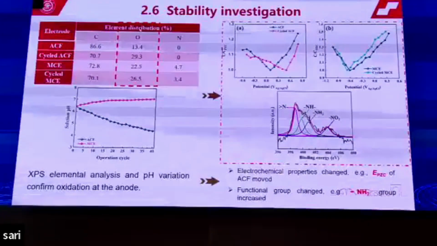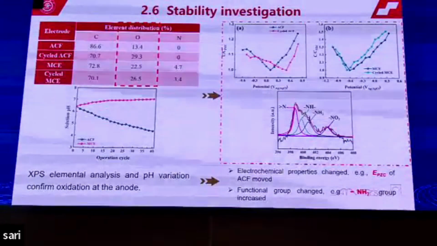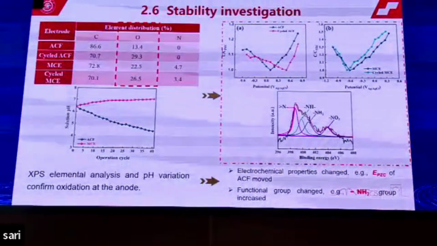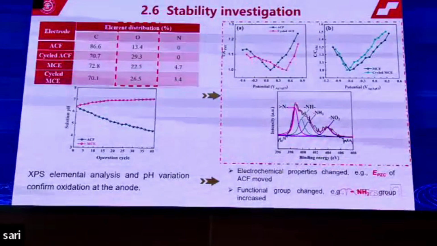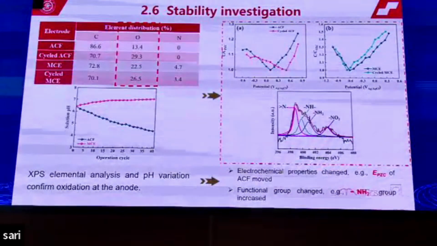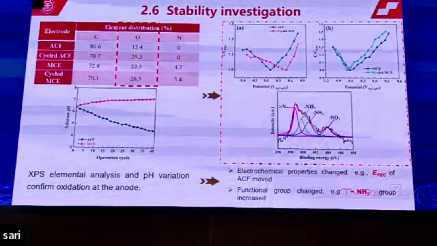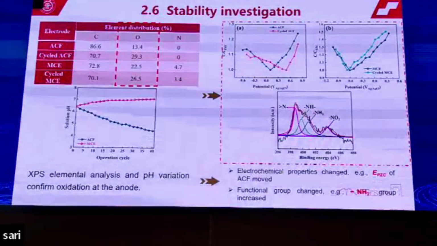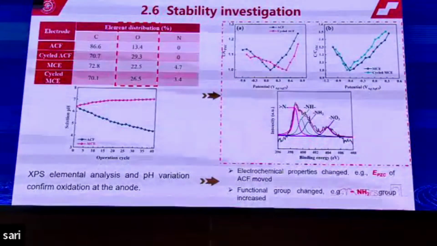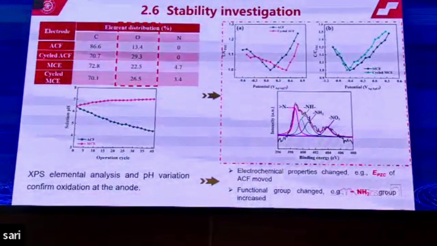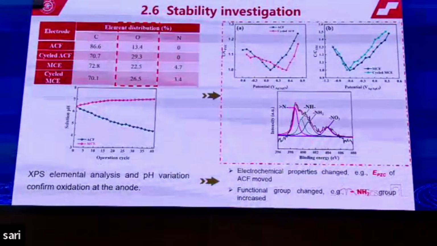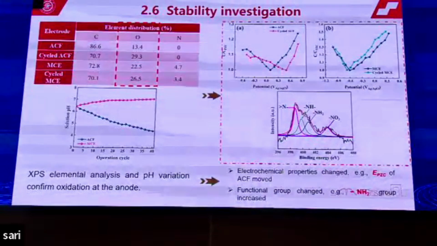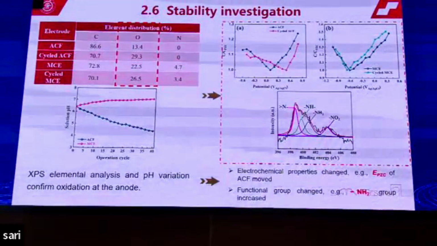We can see the content of oxygen increased very obviously, while with the coating, this increase will be decreased. So in this way, we can achieve a higher SAC for the CDI.